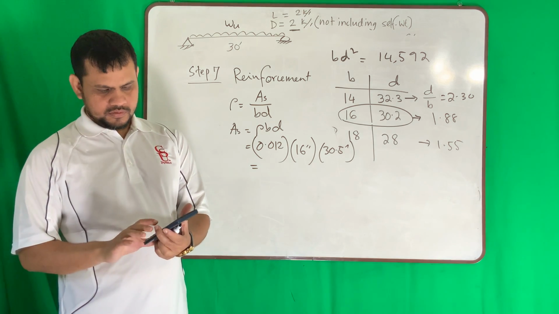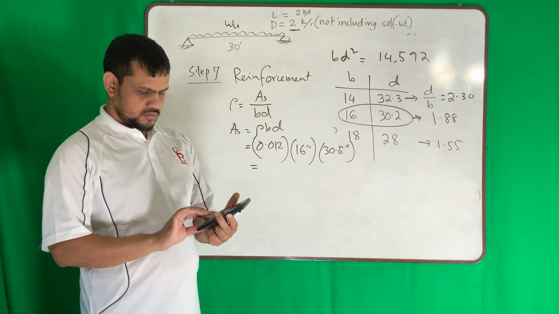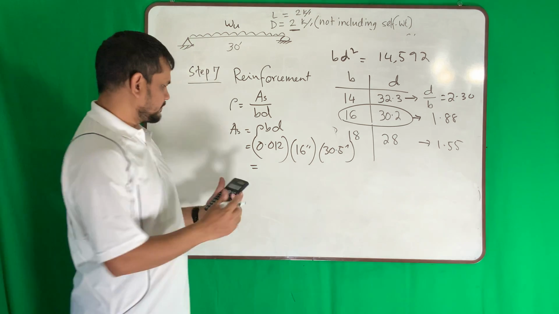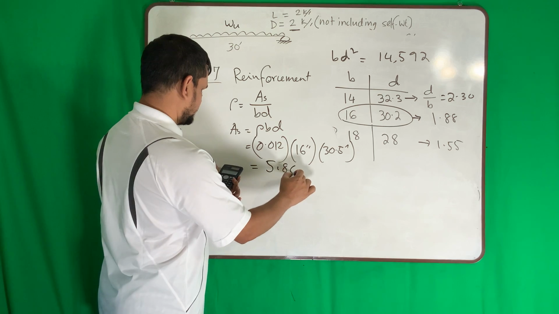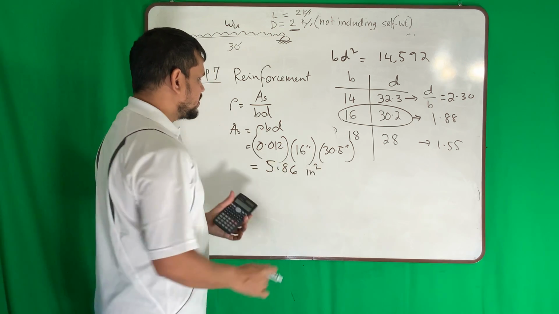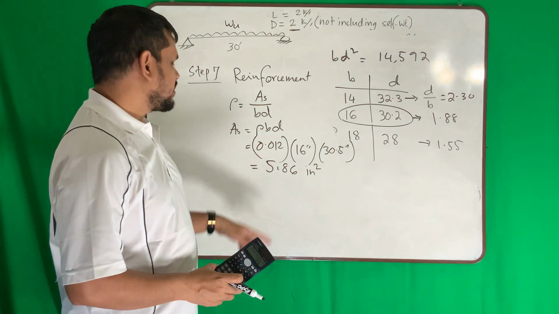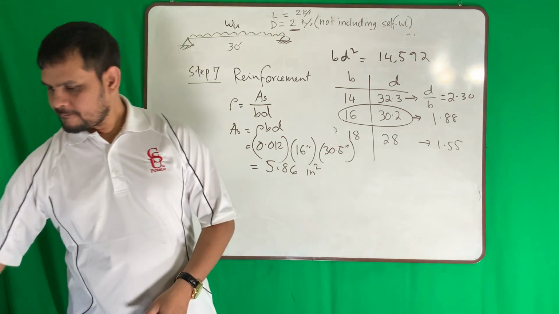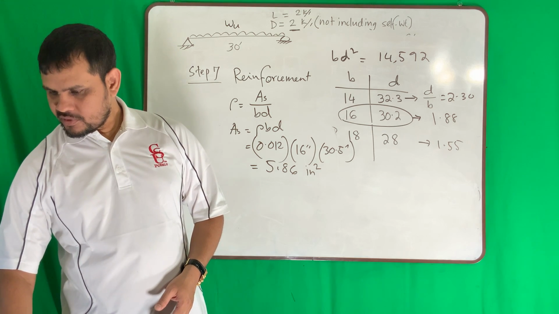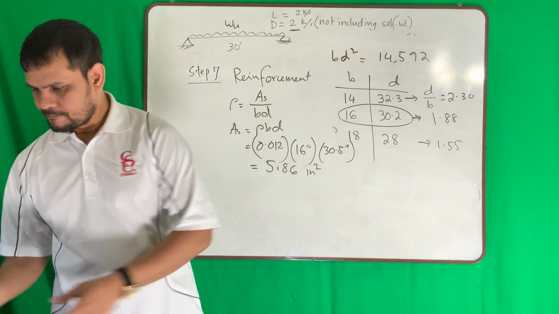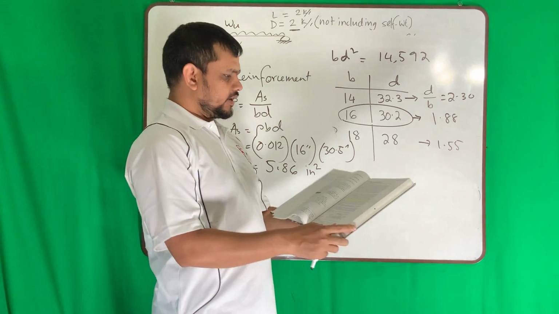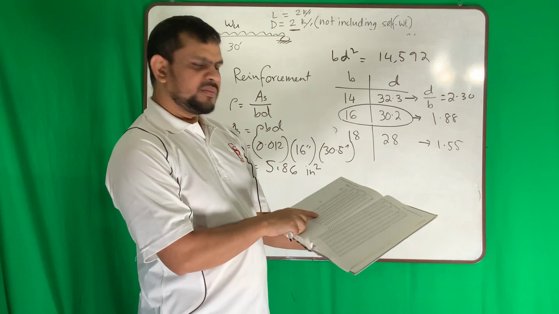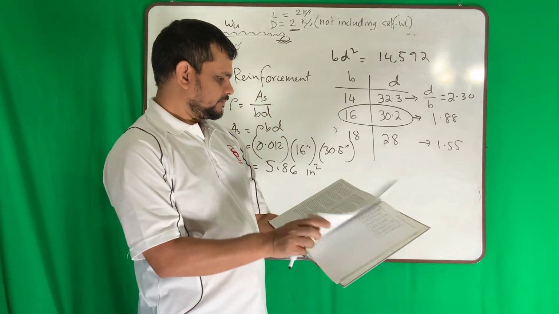It is 5.86 inch square. So you need to provide this amount of reinforcement. How many bars? You do not know, right? So if I open your book, appendix, table A4, I think.